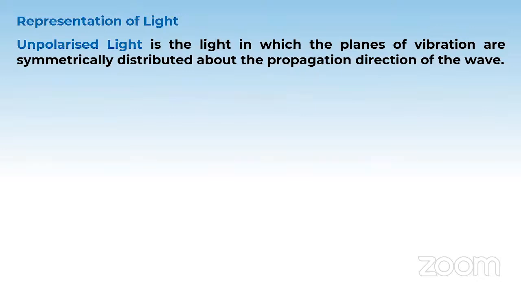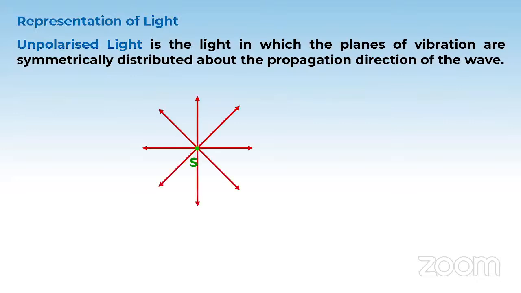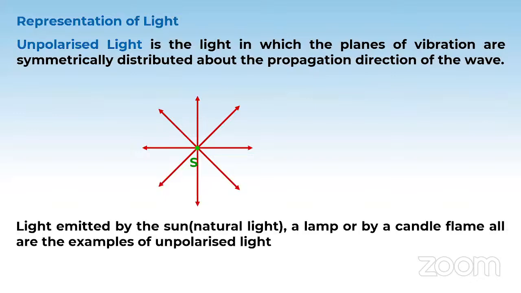Again, I am reading this. Unpolarized light is the light in which the planes of vibration are symmetrically distributed about the propagation direction of the wave. Like this is a point source. So light emitted by the Sun is an example of unpolarized light, because if you see, along this plane it is oscillating, along this plane also it is oscillating, so they are symmetrically associated with one another. The vibrations of the electric and magnetic fields are symmetrically distributed along the propagation of light.